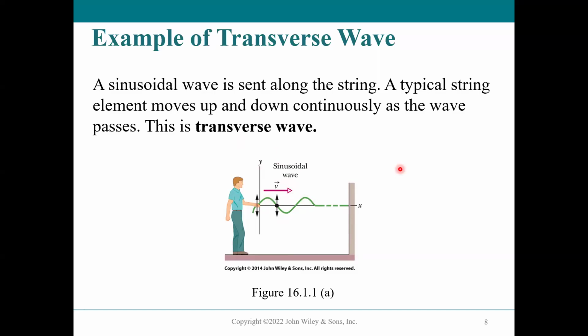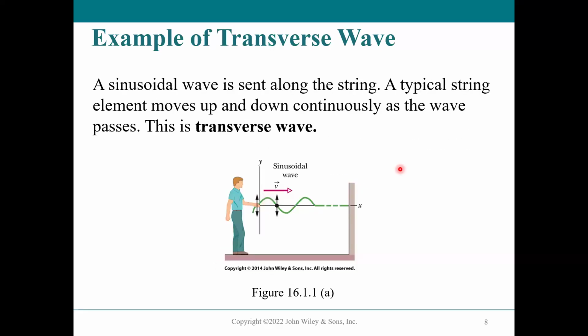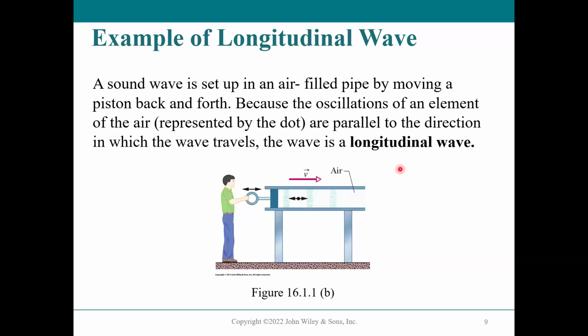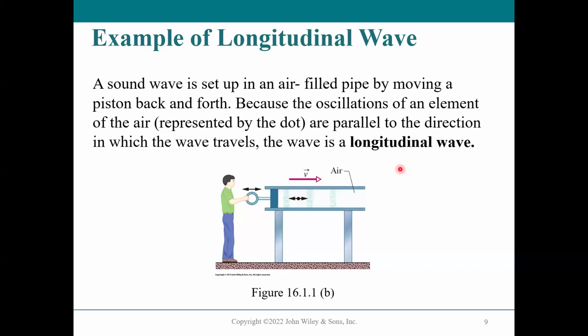And then the second type is longitudinal waves. The first is transverse waves and then longitudinal waves. For example, like sound. A sound wave is set up in an air-filled pipe by moving a piston back and forth. In this case, the displacement will be parallel to the direction in which the wave travels.